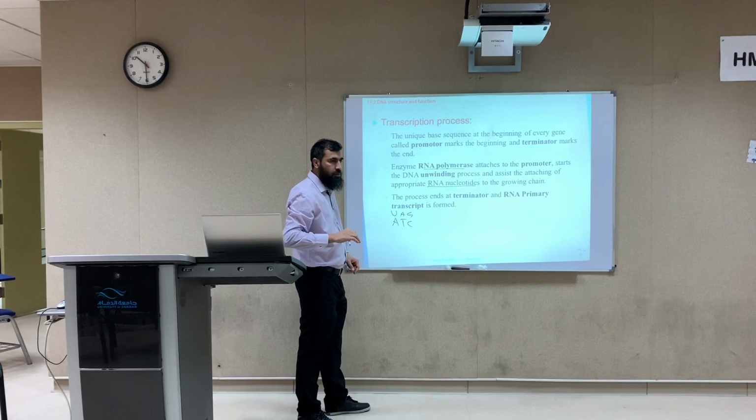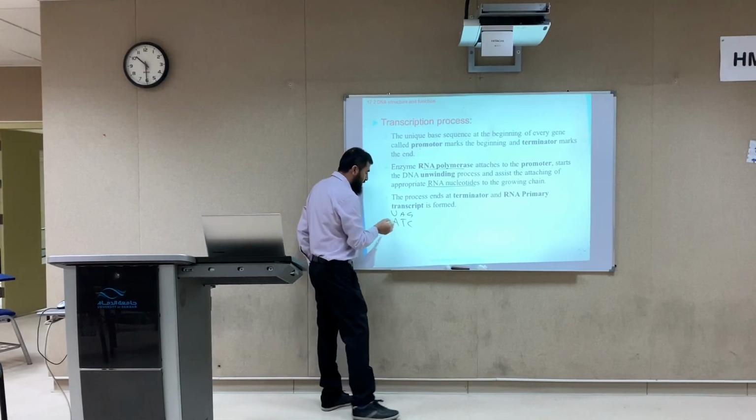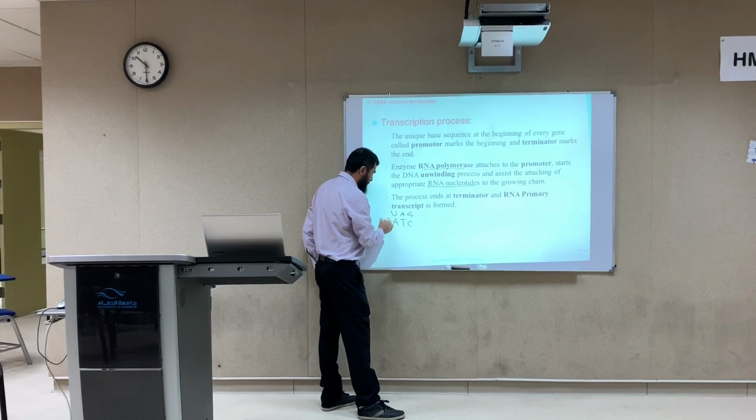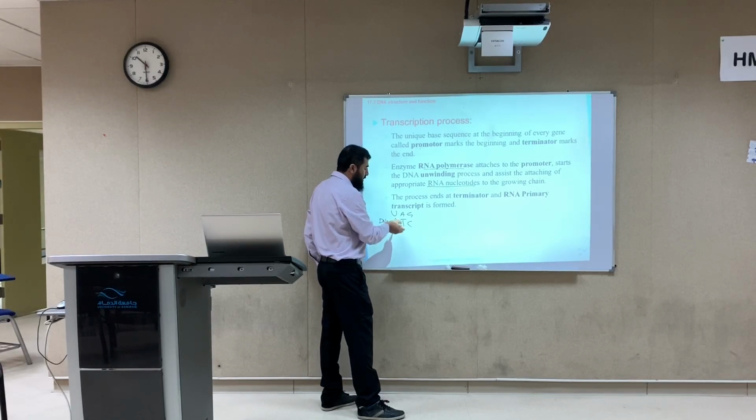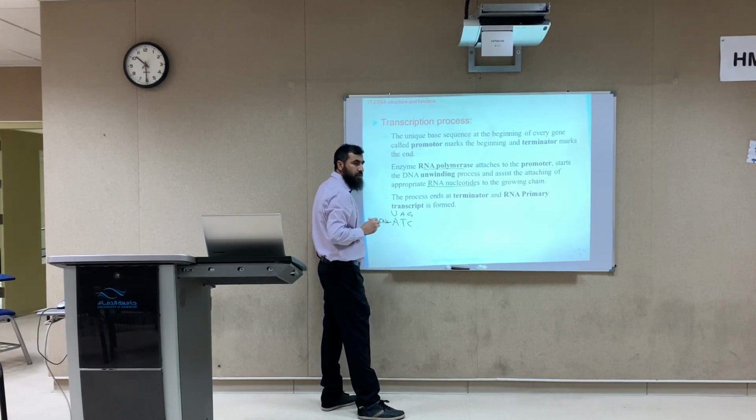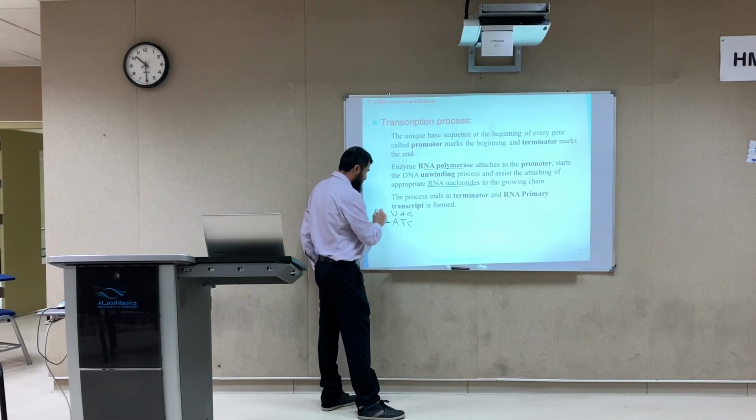Yes? So are the ATC sequences from DNA or from RNA? This is the DNA, okay? Because in DNA, we find T, thymine. In RNA, it's uracil, okay? And the sugars are different.